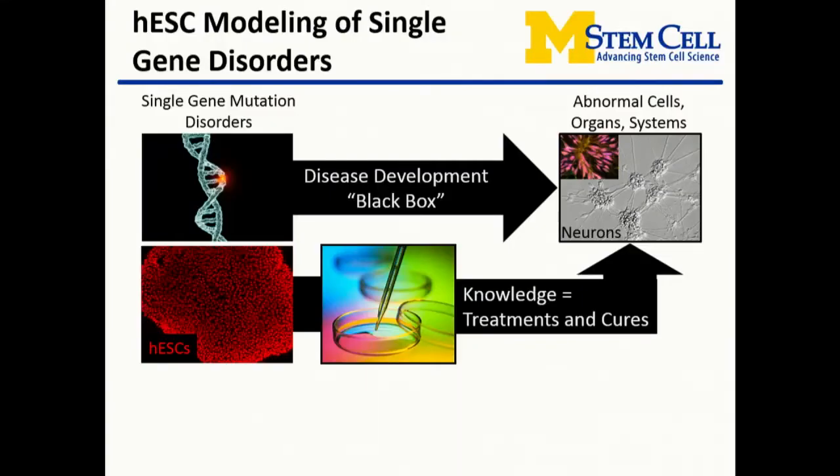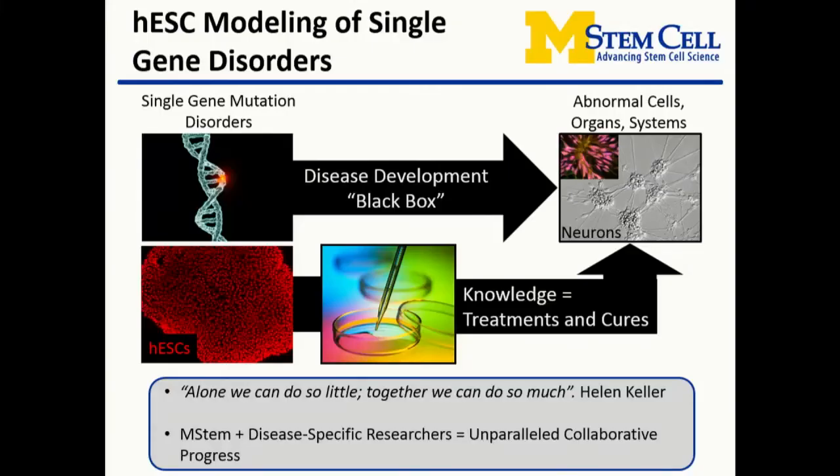However, if we can make human embryonic stem cells or pluripotent stem cells, iPS cells, for these diseases, now we have a way of looking at how they develop into abnormal cells, tissues, and organs. And as a scientist, one thing I think holds true: knowledge is good, lack of knowledge is bad. So the more knowledge we have, the better off we're going to be in trying to fight some of these diseases.